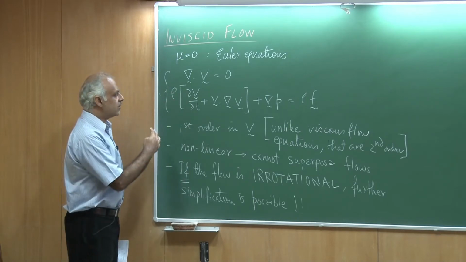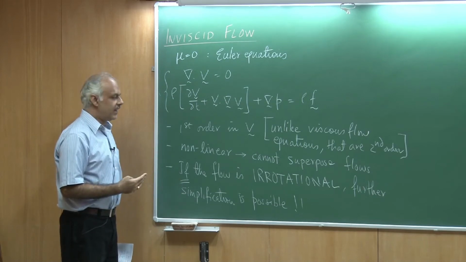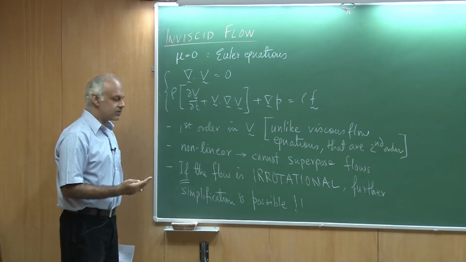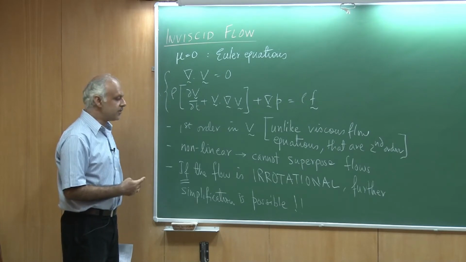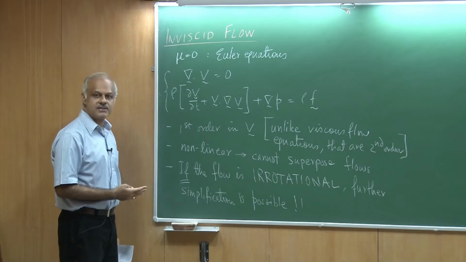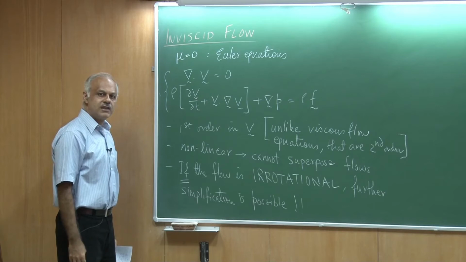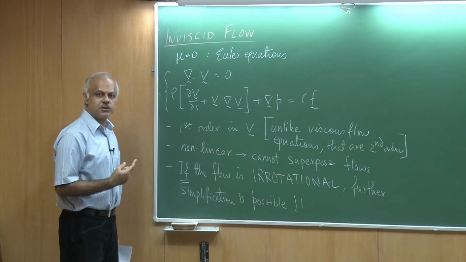So, I would get an equation simply in terms of the potential, okay? And that would be a linear equation, and I can use that to get the velocity field and then use Bernoulli's equation to get the pressure field. Okay? So, the simplification becomes enormous. Instead of having 4 coupled unknowns, I am reduced to just one single scalar, the velocity potential.